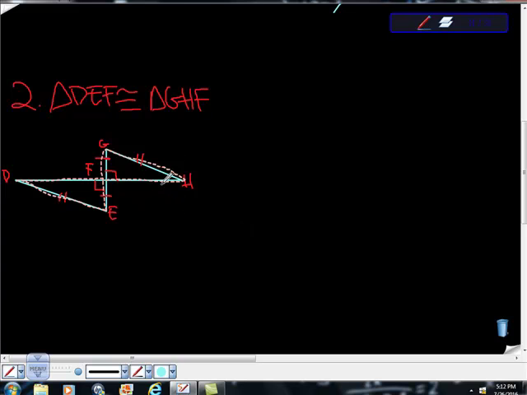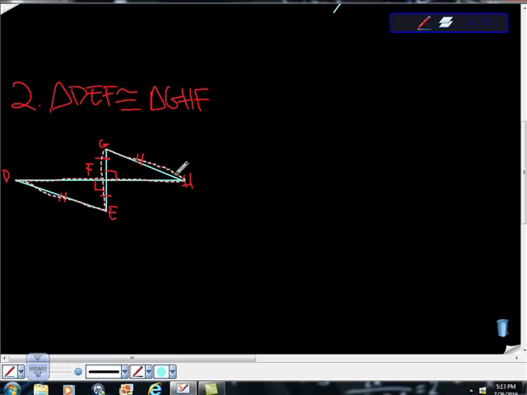This triangle is a right triangle because it has a 90-degree angle in it. So if we're going to be proving this true or false, we're going to be proving it by the hypotenuse leg theorem. It's saying that this leg, which is EF, is congruent to GF, and the hypotenuse DE is congruent to the hypotenuse GH.